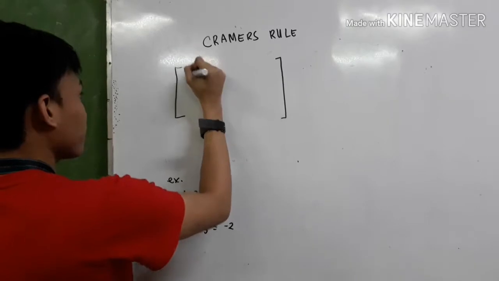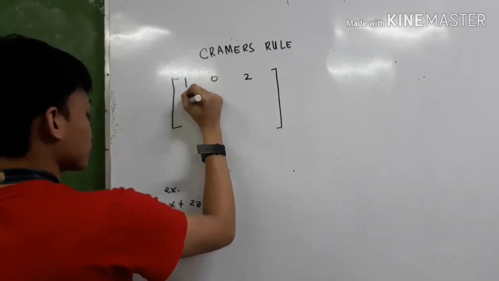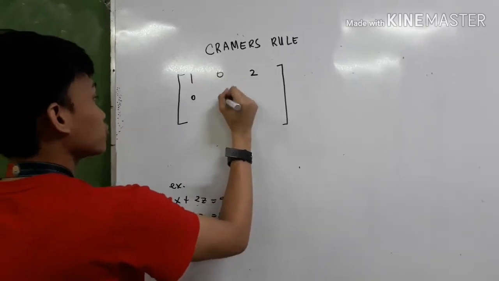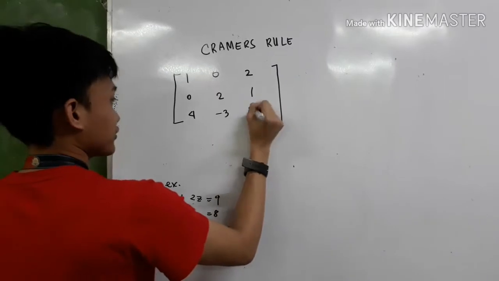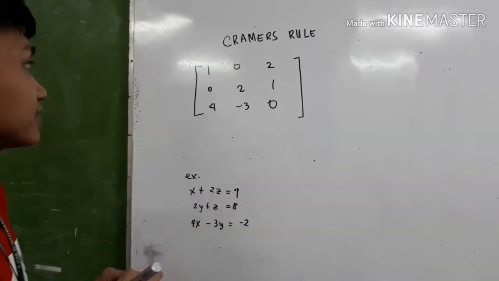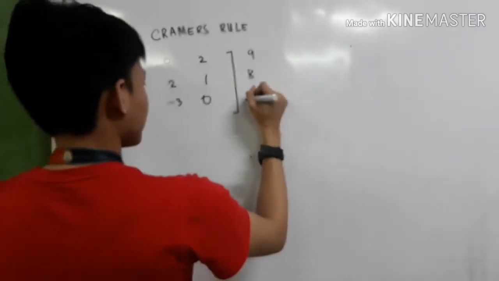So we have 1, 0, 2, 0, 2, 1, and 4, negative 3, and 0. Then the coefficients here, let's substitute it here, negative 2.